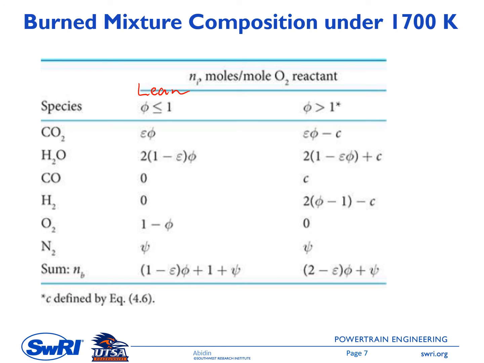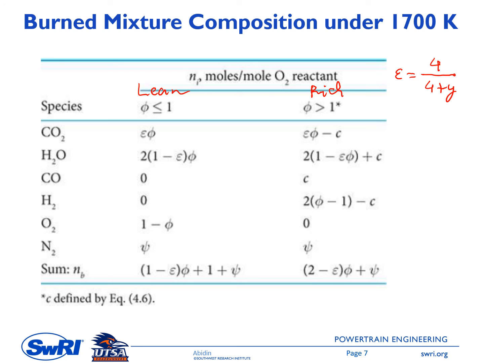And this one is when we have a rich mixture, so phi is more than 1. For example, the amount of CO2 here for the lean mixture is epsilon times phi. Epsilon, once again, is 4 over 4 plus y. And then CO2 for rich mixture is epsilon times phi minus c.